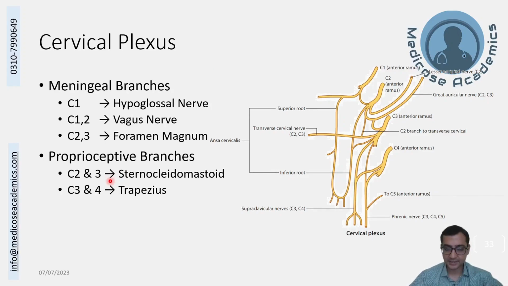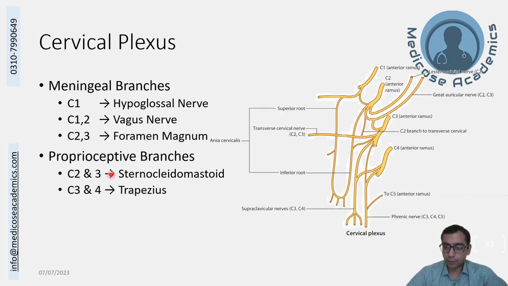The proprioceptive signals coming from sternocleidomastoid and trapezius don't go to the CNS along with their own nerve. They don't go to the CNS along with the spinal accessory nerve. They go to the CNS through independent nerves from the cervical plexus, proprioceptive branches from C2 and C3, C4 and C5, C3 and C4. Not shown in this particular picture.